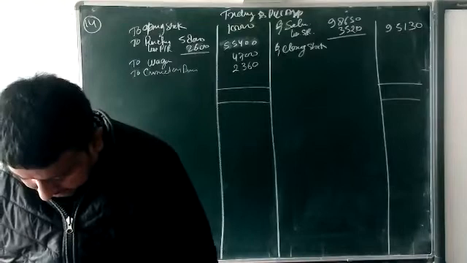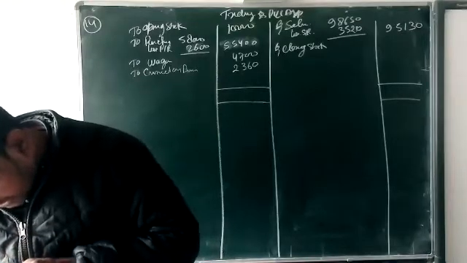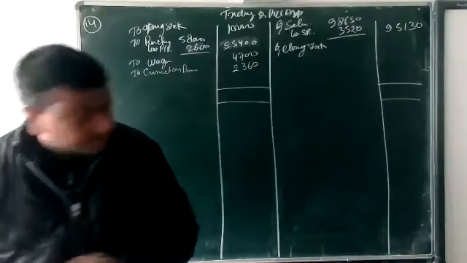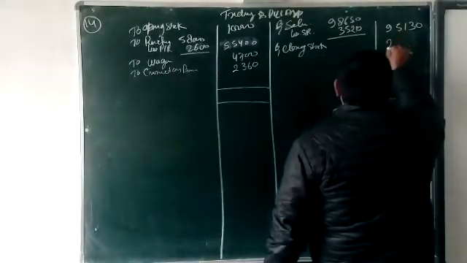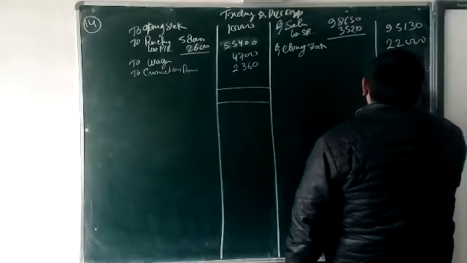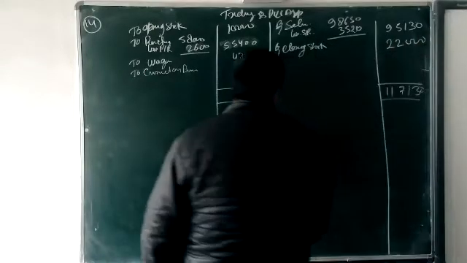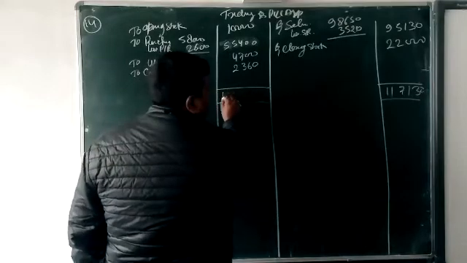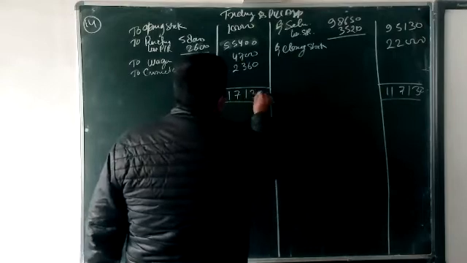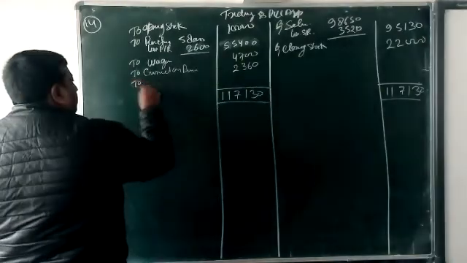It's given. 22,000. Okay, now copying. 31,711. 1,70,000. 1,17,130. Just take the difference, beta. Do it fast.